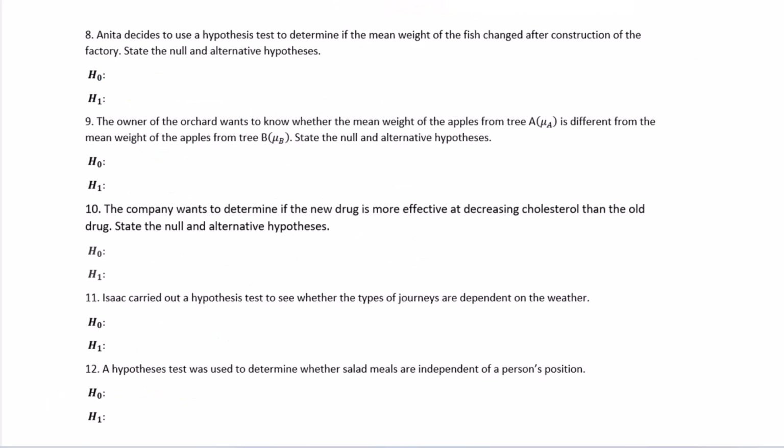Let's go to question 8. Anita decides to use a hypothesis test to determine if the mean weight, keyword mean, so don't forget population, of the fish changed after construction of the factory.